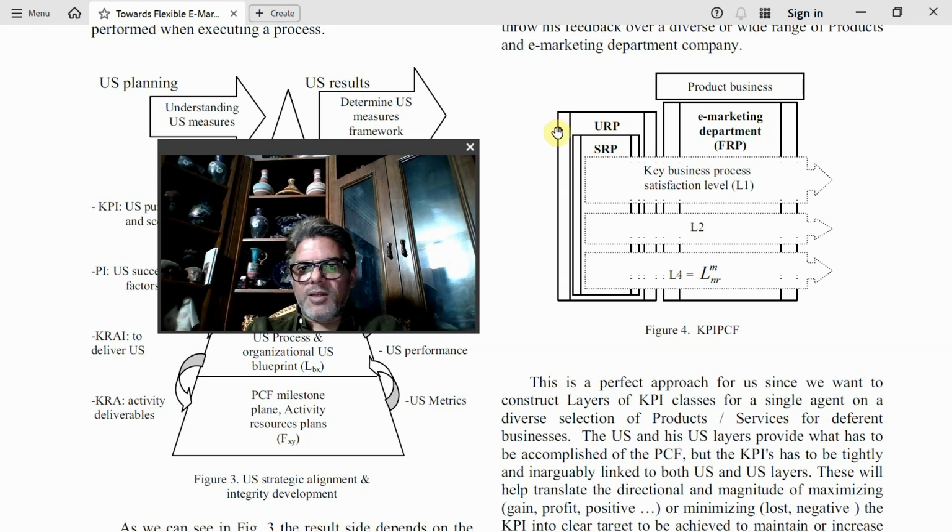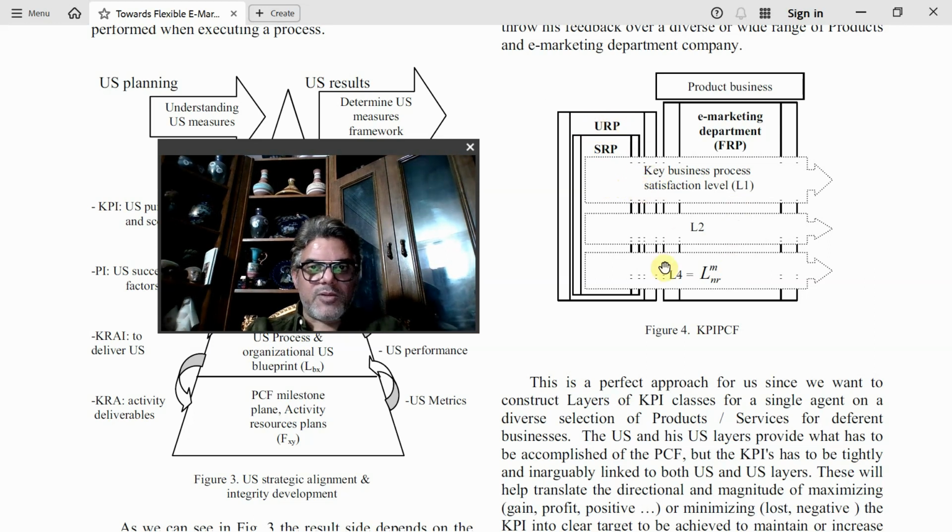So this is the strategic, the lifetime. If this is the lifetime, this is the definition of the 6 levels, I'm getting my weights and score from the user requirement profile.